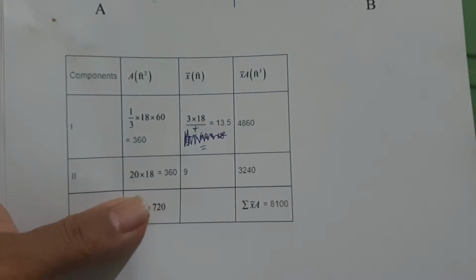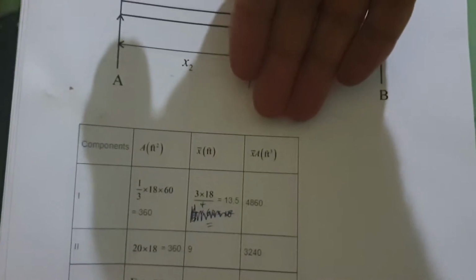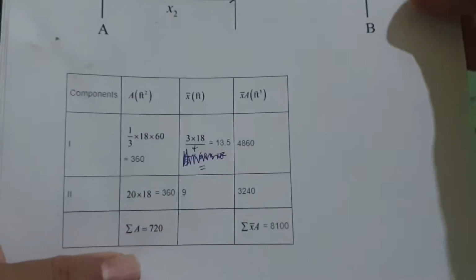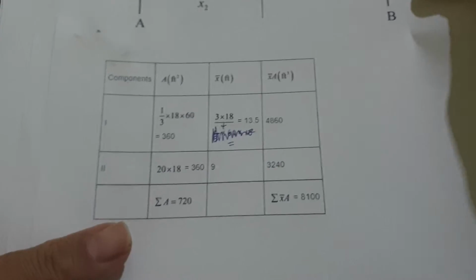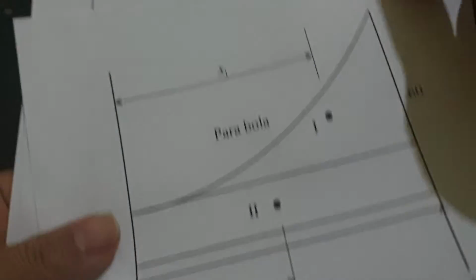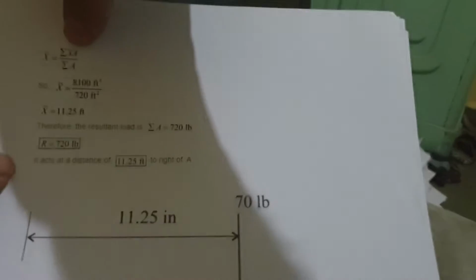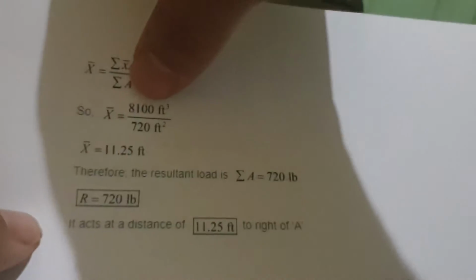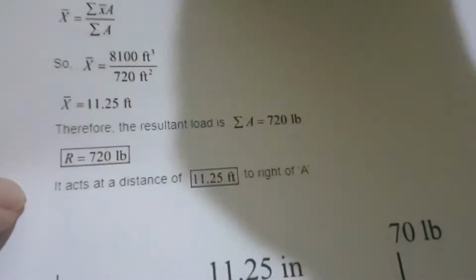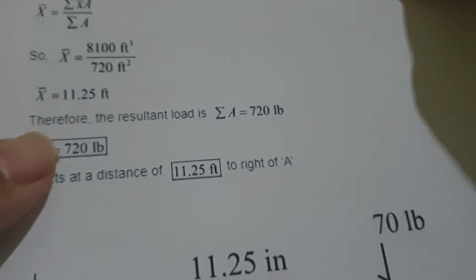X bar times A. Now you have to sum up all the areas and you have to sum up all the x bar A. We could find x bar by dividing the summation of x bar A over the summation of A. So 8,100 feet cubed over 720 feet squared.